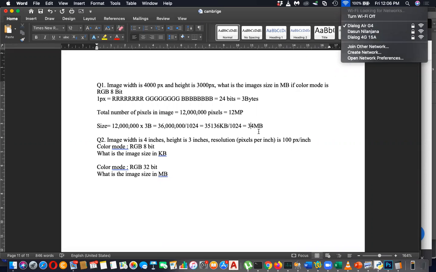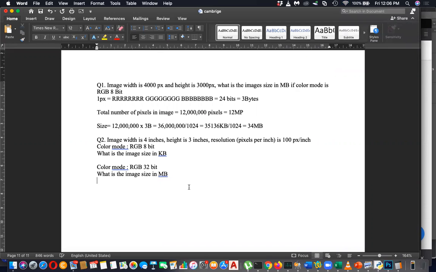Okay, can you do the other two quickly? Please do these two. Okay, let's do the calculation quickly. It is 4 inches and 3 inches. One inch is 100 pixels. Then 4 into 100 is the number of pixels.